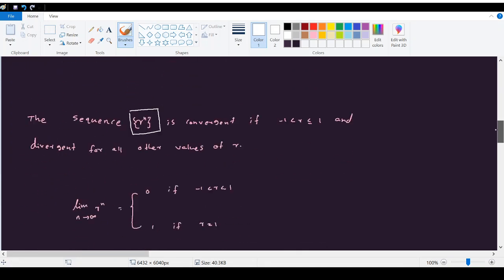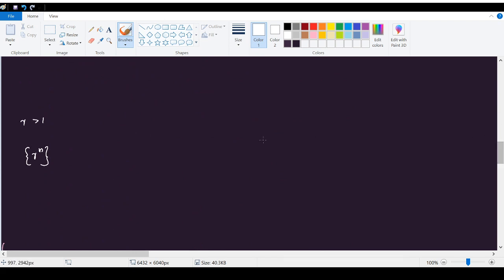So here for this case we consider the corresponding function, which is r to the power x, and then we consider the limit as x goes to infinity. And we know that if r is greater than 1, this is a known fact.